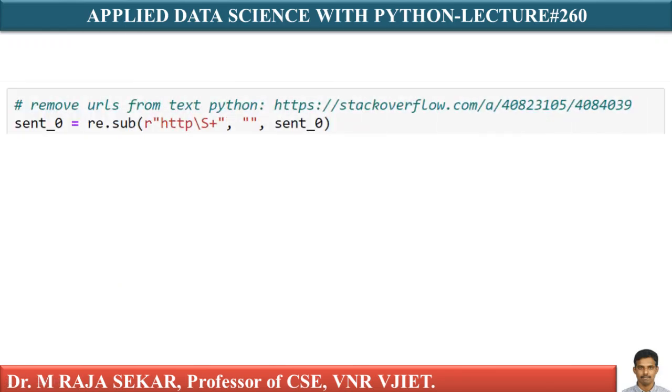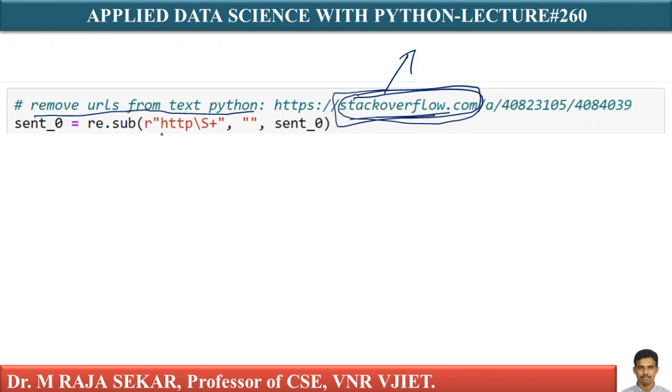If you carefully observe, first, what am I doing? Just see this one: remove URLs from text in Python. I already discussed Stack Overflow in my first lecture itself. I request you to go through Stack Overflow. This is a beautiful website. They explain conceptual things in a very neat manner.